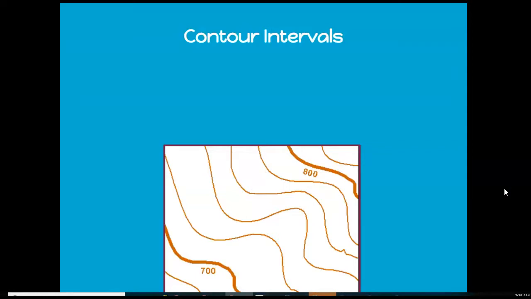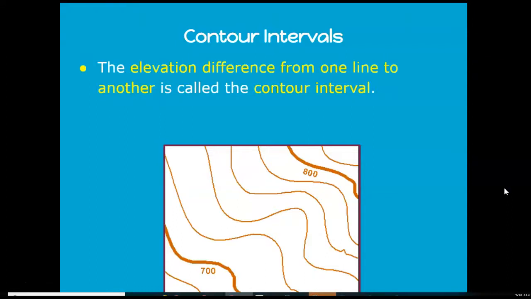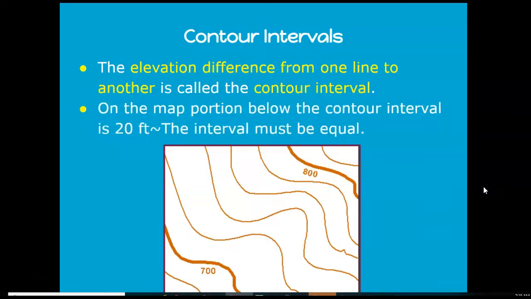Now, contour intervals represent the value of the space between each line. What is my change in elevation if I were to walk this path? The contour interval on this particular map is 20. If this is 700 and this is 800, the difference between those two is 100, and there's 1, 2, 3, 4, 5 spaces in between.